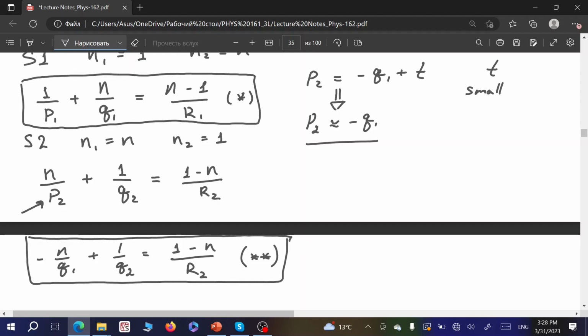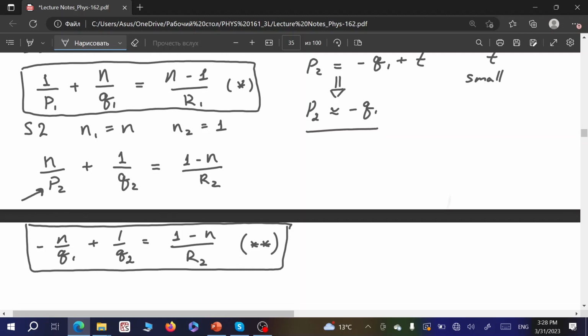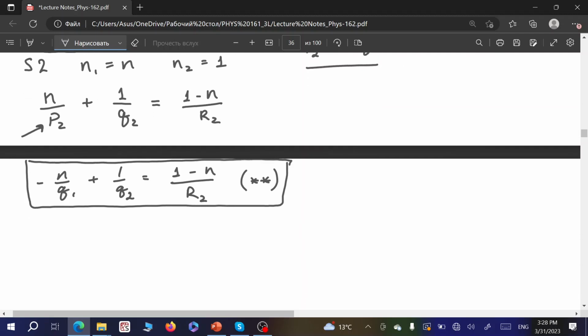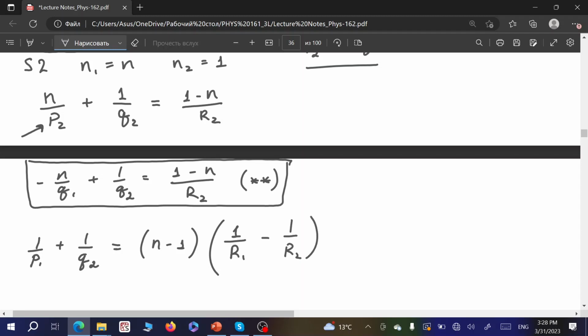Now if we add these equations together, we get the following. It will be 1 over P1 plus 1 over Q2, that is equal to n minus unity times 1 over R1 minus 1 over R2.